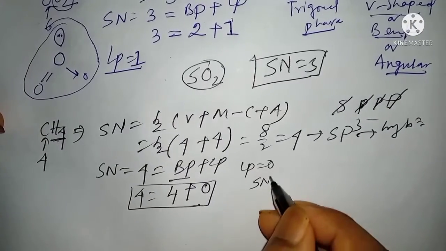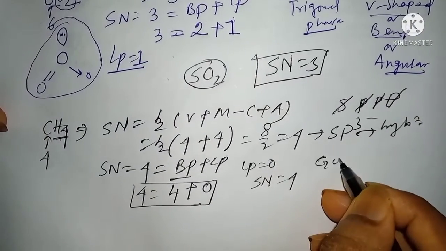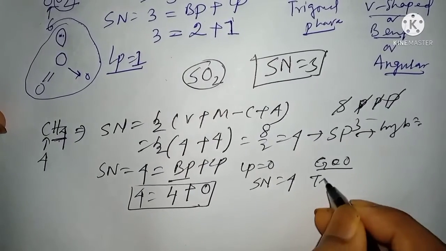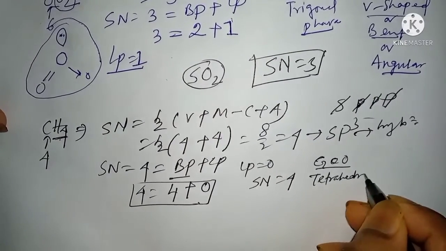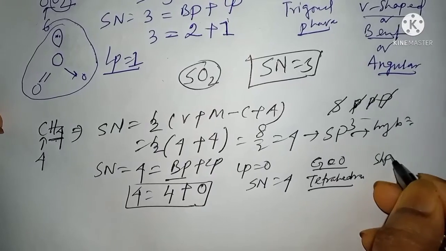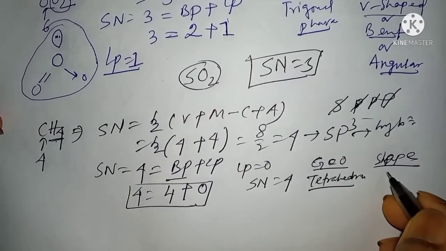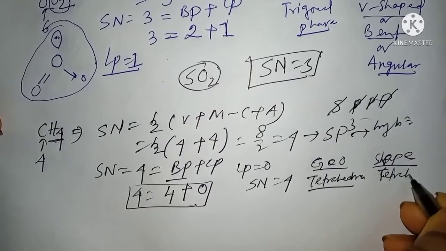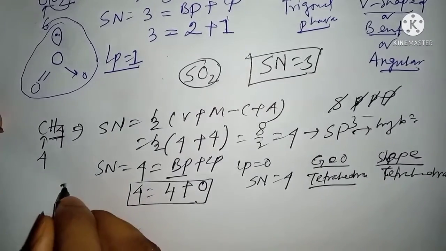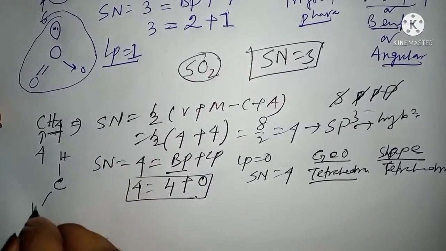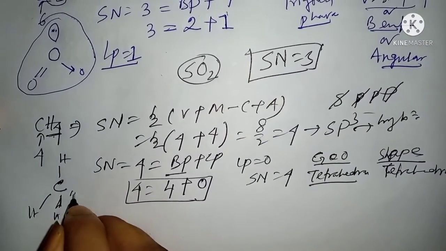In case of steric number equal to 4, the geometry is tetrahedral, and the shape: since lone pair equals 0, the shape is similar to the geometry, also tetrahedral. Now the structure is carbon with hydrogens, 1 hydrogen above and 1 hydrogen below.